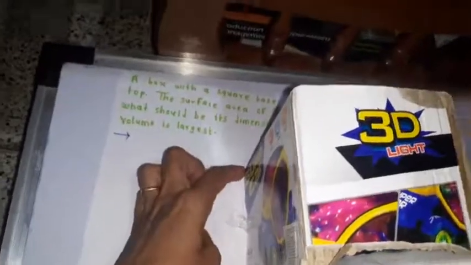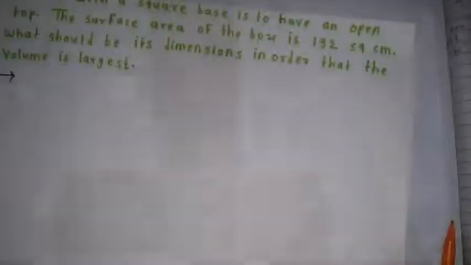Suppose the height of the box is h, and x is the side of the base, therefore the area of the base is x square. Students, by considering such type of geometry we have to solve the problem.